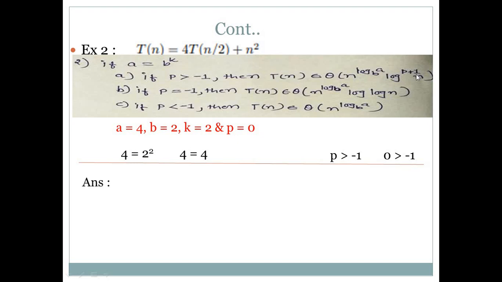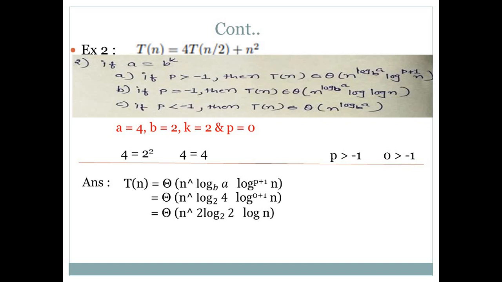So our answer will be n raised to log 4 at the base 2 into log power 0 plus 1 n. Here we can apply our rule that 4 is equal to 2 raised to 2. So again we can write it like n raised to 2 log 2 at the base 2 into log n.